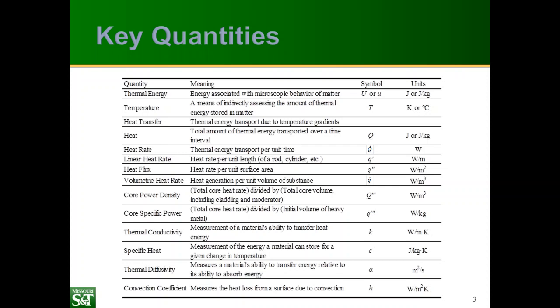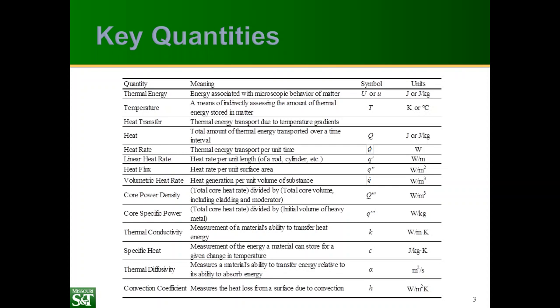Now, heat rate is sometimes referred to as power, or thermal power. Then the linear heat rate is the heat rate per unit length. For nuclear engineering in particular, it's the heat rate per unit length of a nuclear fuel rod. And then heat flux is the heat rate per unit surface area. We also have the volumetric heat rate, which is how much heat is generated in a single unit volume of a particular substance.